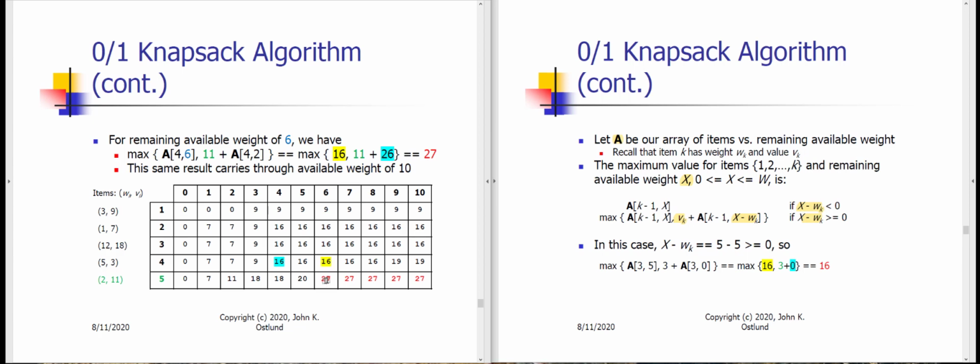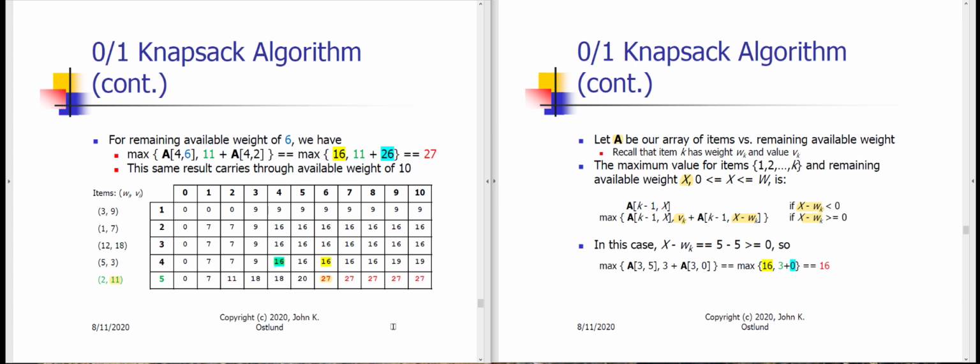And if we then add item 5, we can either get the 16 or we can get 11 plus 16 from items 1 through 4. And that gets us up to 27.